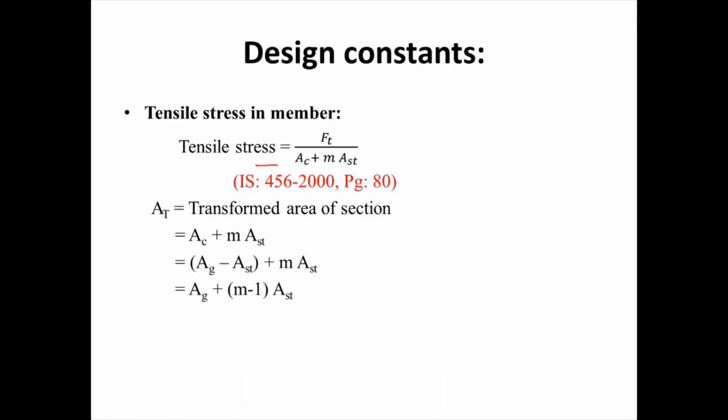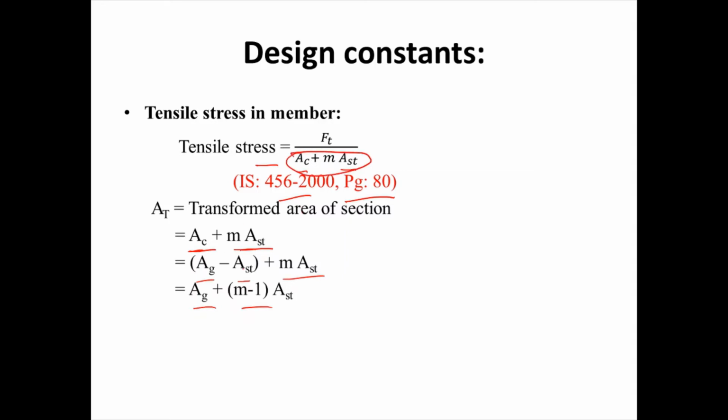Tensile stresses in the member: stress is equal to FT divided by (AC plus m AST). This equation is from IS 456 2000, page number 80. AT is the transformed area of the section: AC plus m AST, where AC is AG minus AST, so AG minus AST plus m AST, which is AG plus (m minus 1) AST. Okay, these are the equations. AT is our transformed area of section, so area of compression plus m into area of tension.